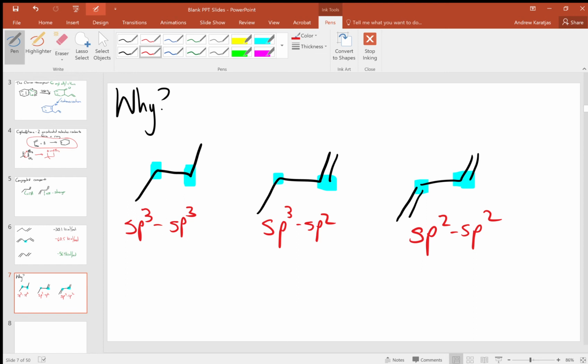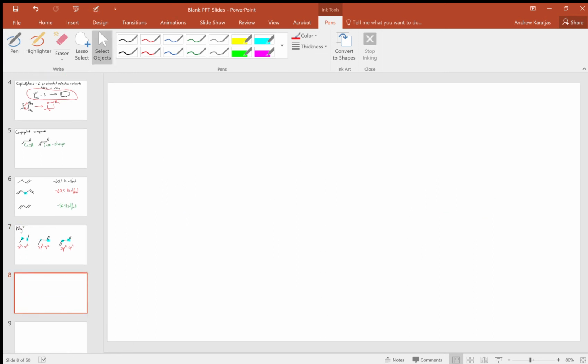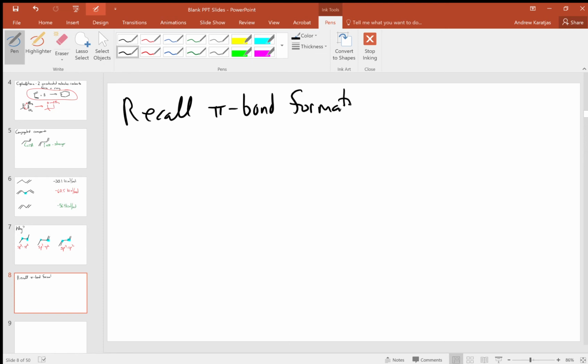But it turns out that there's also a more complicated situation. If you recall back to general chemistry, when you learned about pi bond formation, at some point you saw a diagram that looked like this.